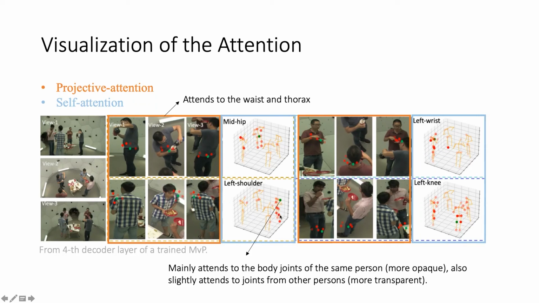We observe that for the self-attention on the body joints, it mainly attends to the other joints of the same person, and it also slightly attends to the other body joints, but with much less attention. This phenomenon is reasonable, as the body joints of the person are strongly correlated. They are subjected to strong priors like the body pose and the bone length.